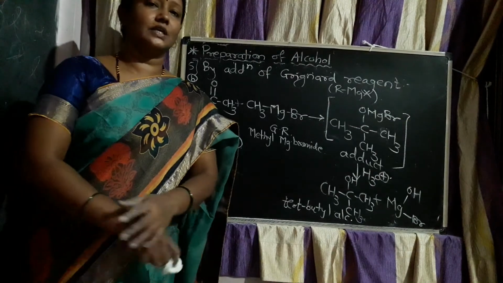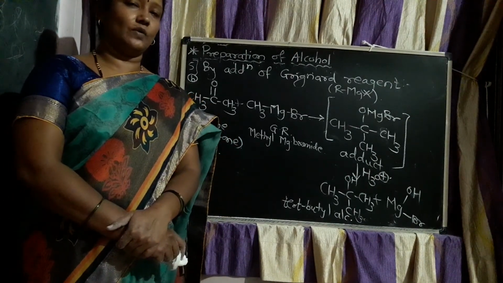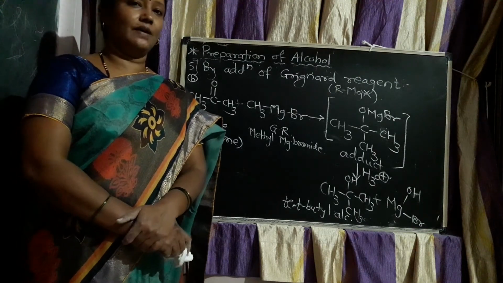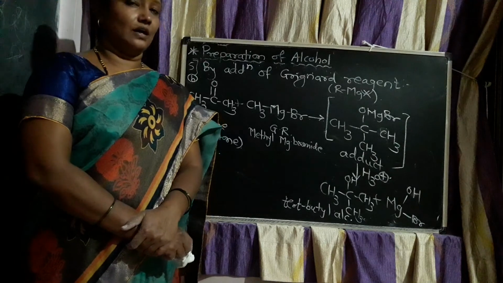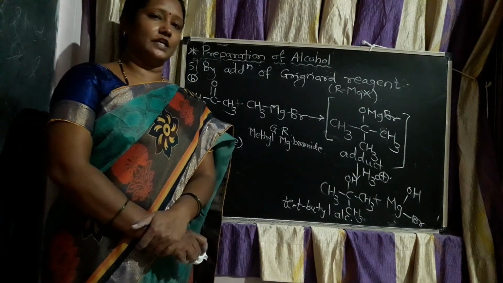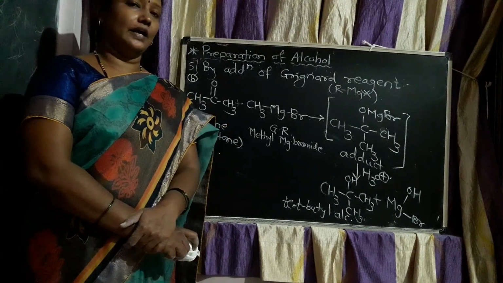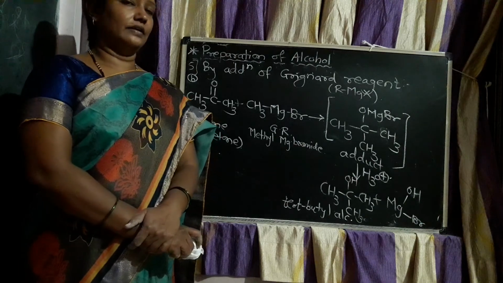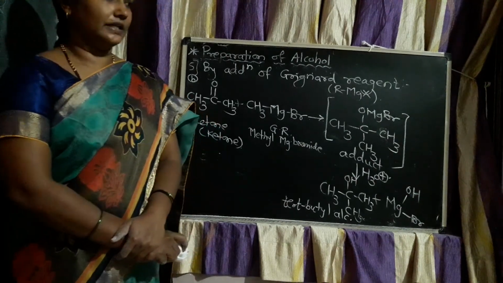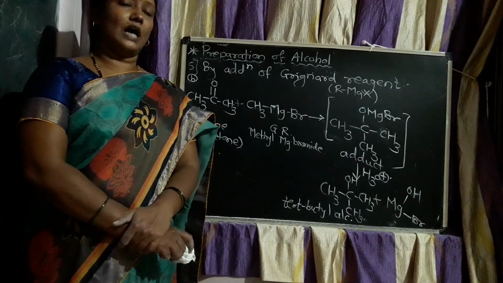Then students, in this video we studied five different methods of preparation of alcohols. First one is by alkyl halide, second one by acid hydration of alkene, then third one by hydroboration and oxidation of the alkene, and fourth one by reduction of the carbonyl compound.